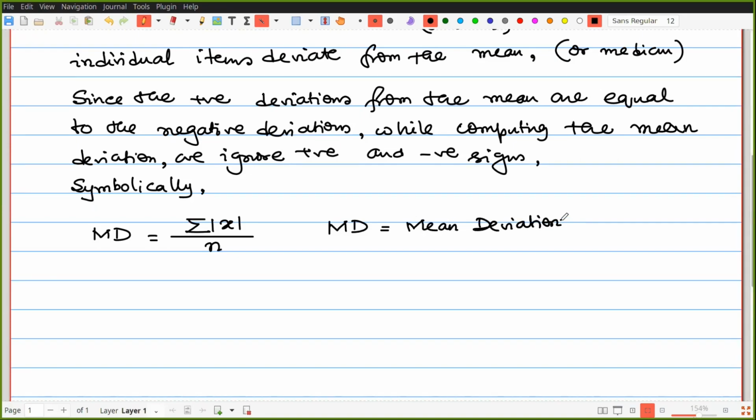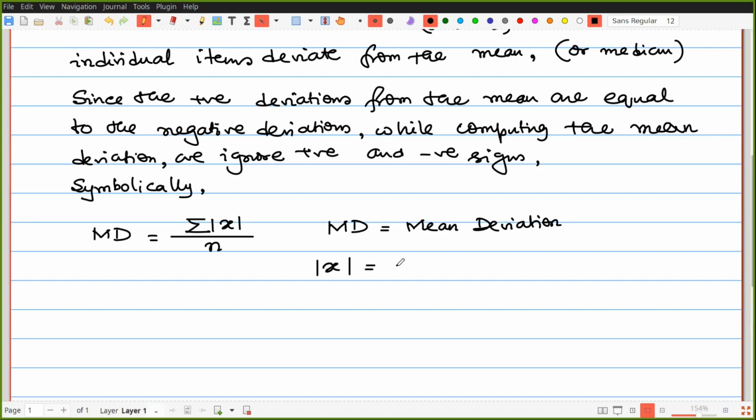That is the simplest formula for the mean deviation. We would discuss it with the normal formula, and how to compare with that.